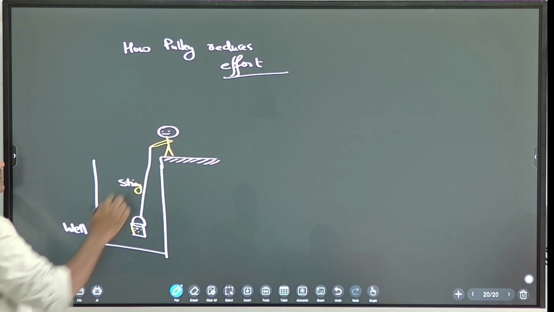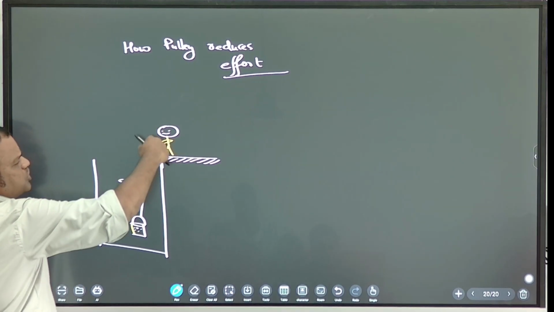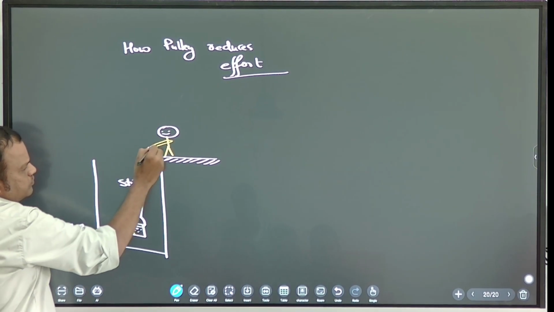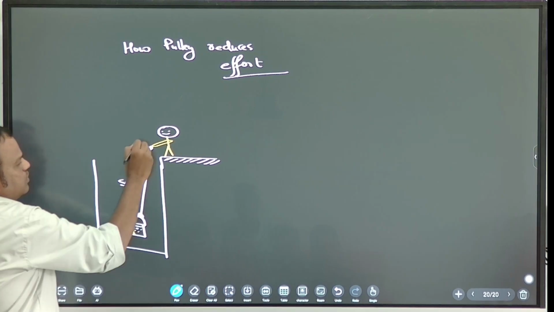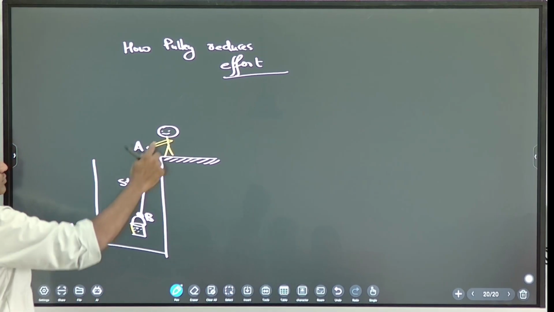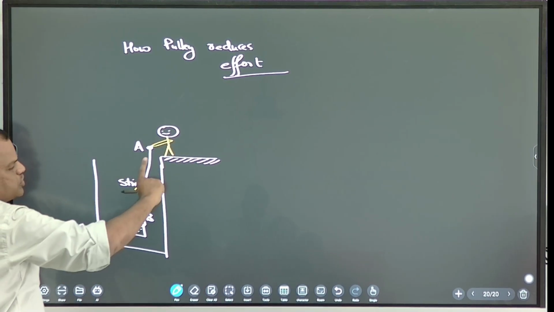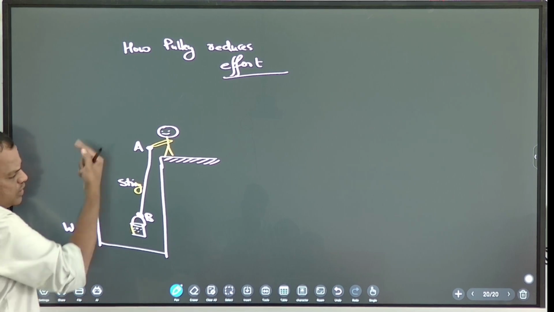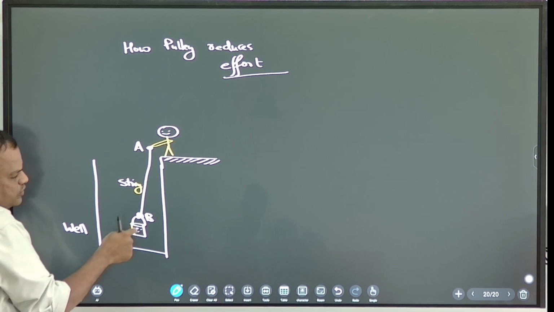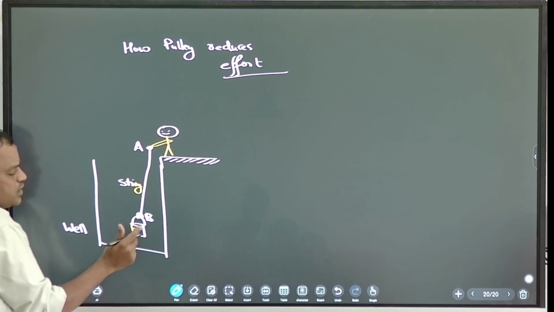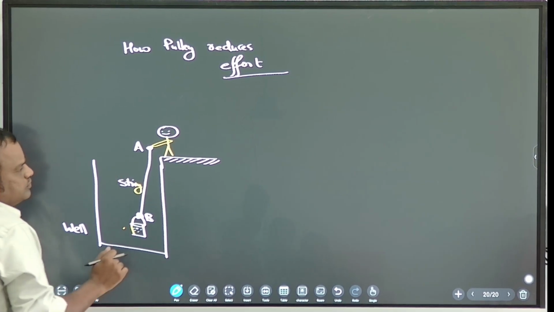Okay, string. So this person is pulling this string up. So the person is pulling A up. Now the string is pulled up, so B is also pulled up, and B is connected to the bucket, correct? So the bucket is pulled up.